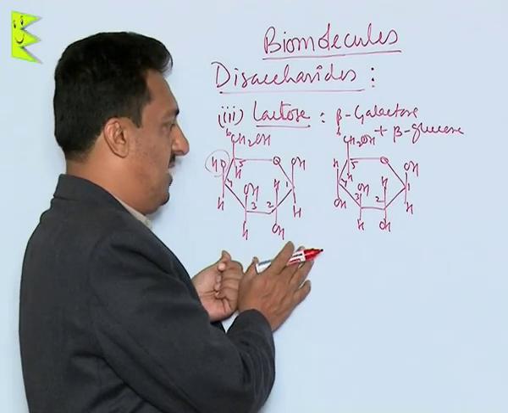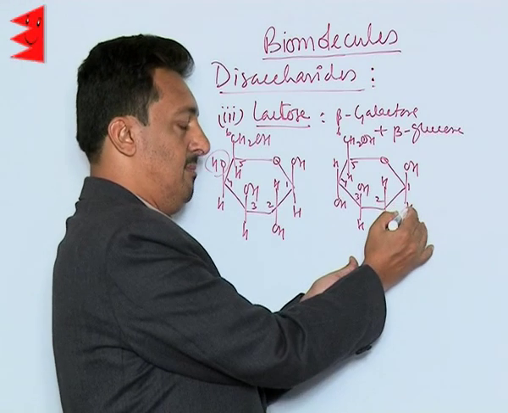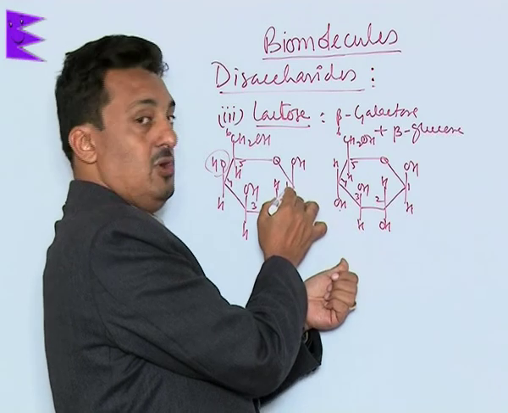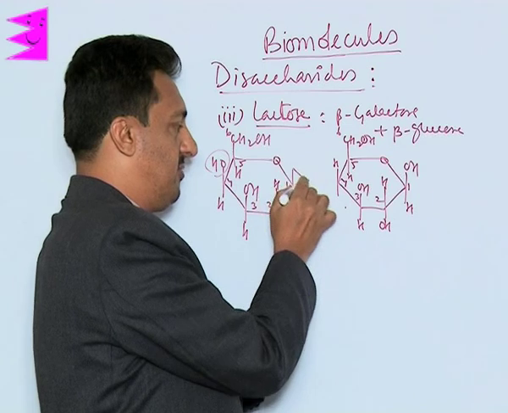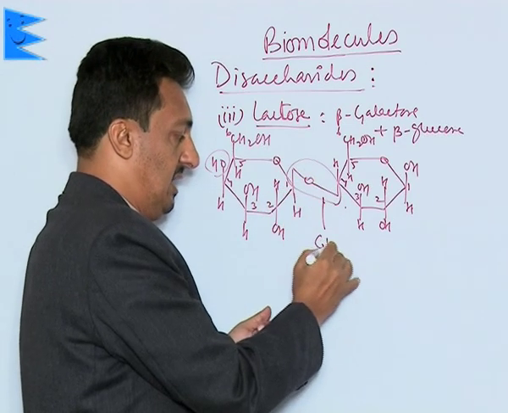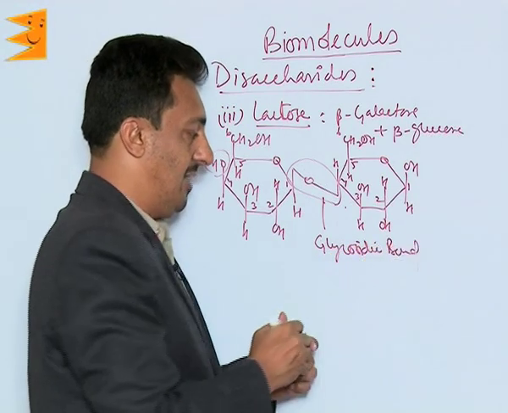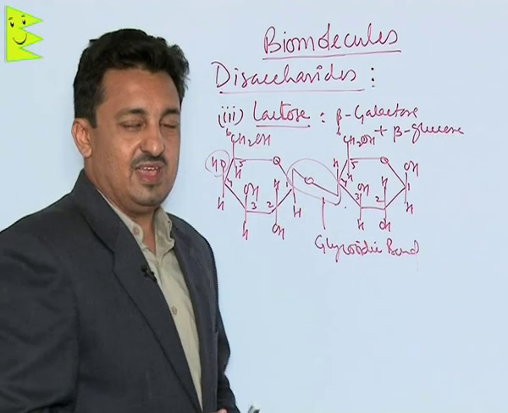When this beta galactose combines with beta glucose, since its carbon number 1's OH is on the upper side, the 4th carbon's OH and the 1st carbon OH of the galactose and glucose both combine with each other through this kind of linkage, which is called again a glycosidic bond or glycosidic linkage or C1-C4 bond. So this is how we get disaccharides.